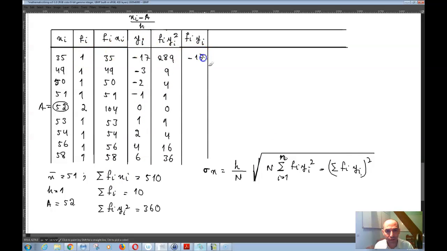negative 17, negative 3, negative 2, negative 1, 0, 0, 1, 2, 4, and 6. And sigma f of i y of i is all of these numbers added together. That's basically 10 plus 3 is equal to 13, positive.